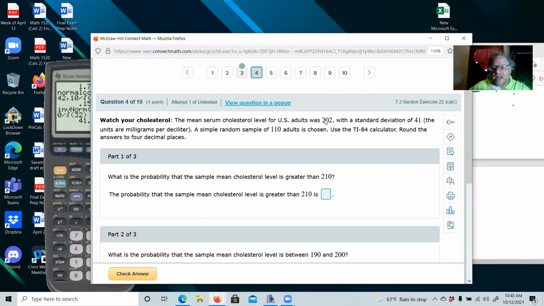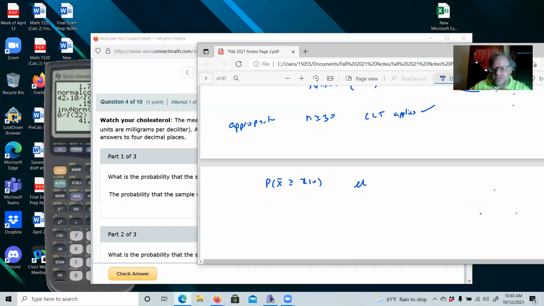This group has higher cholesterol than average, my doctor would yell at me for this. Our average was 202, our standard deviation was 41, and our sample size was 110 adults.